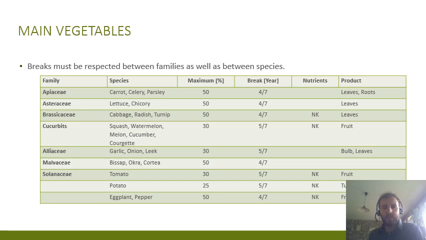You can look at the table. I have also given the main nutrients that they need, which is also important to take into consideration when you make your rotation, to alternate crops that need different nutrients and that also produce a different type of harvest.